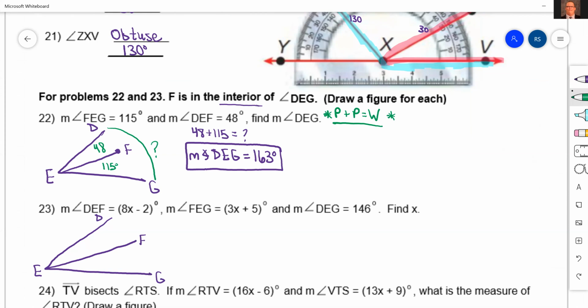Now they tell us DEF is 8x minus 2. FEG is 3x plus 5. DEG, so the whole shebang, is 146. Find x.